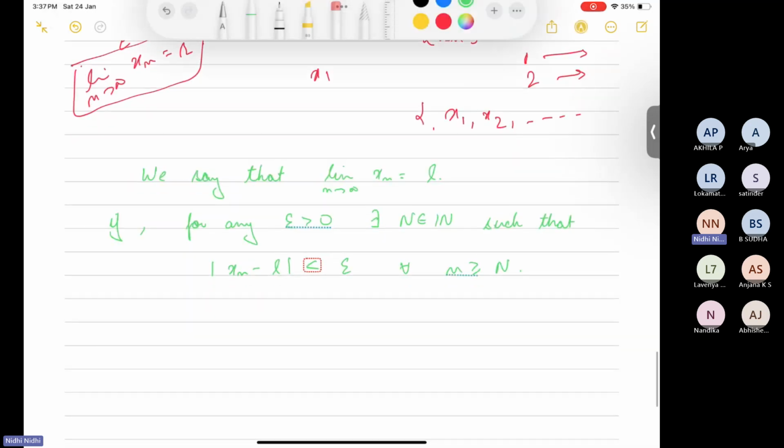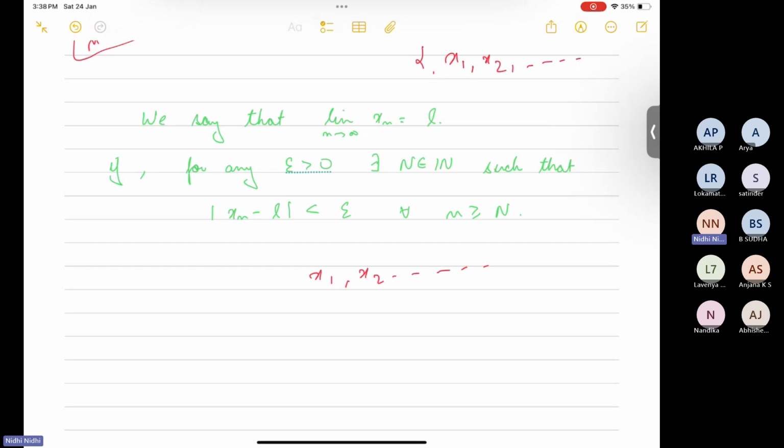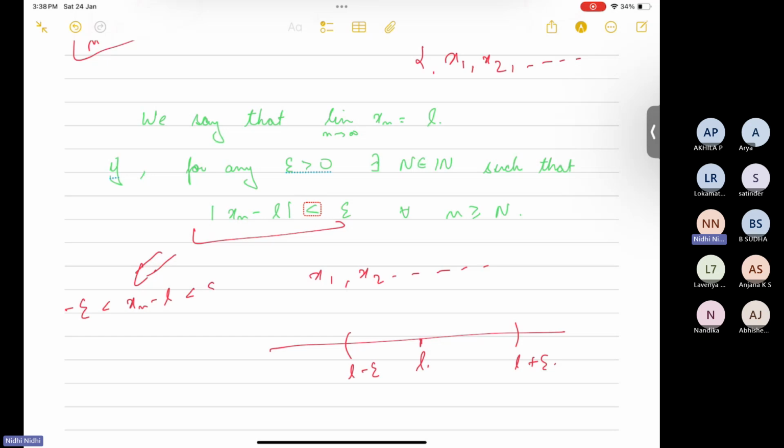So we had a collection of elements. So we had x1, x2, and so on. We are saying that no matter how small epsilon is, if this is the point L in this real line, and this is L minus epsilon, L plus epsilon. I hope this is clear that this means minus epsilon less than xn minus L less than epsilon, which eventually means the terms xn are between L minus epsilon and L plus epsilon.